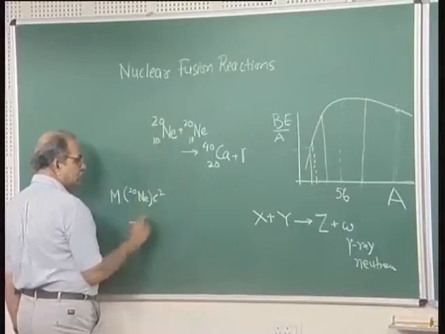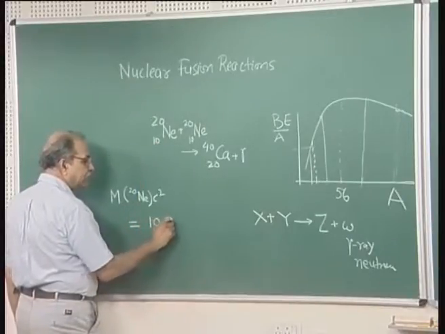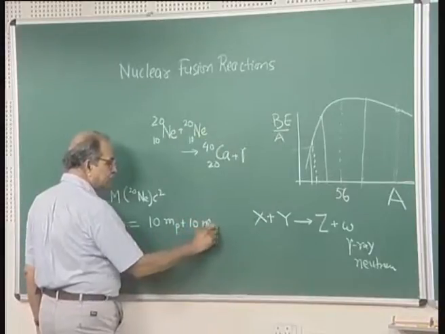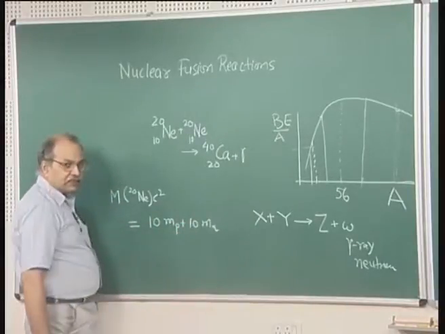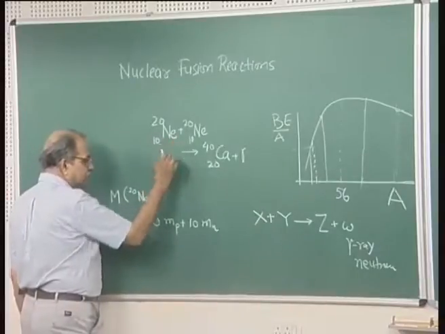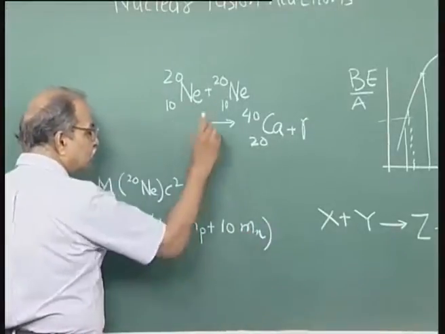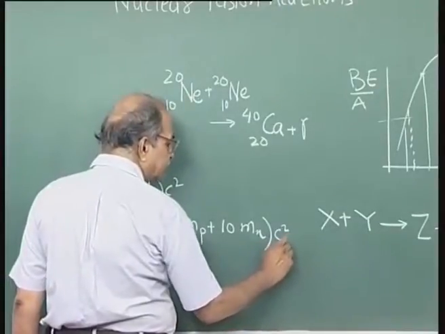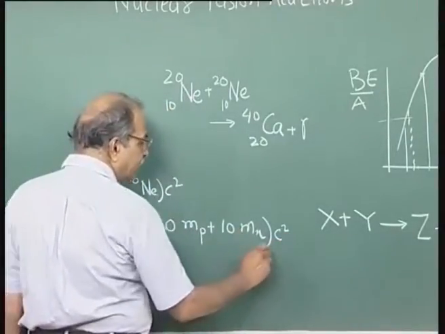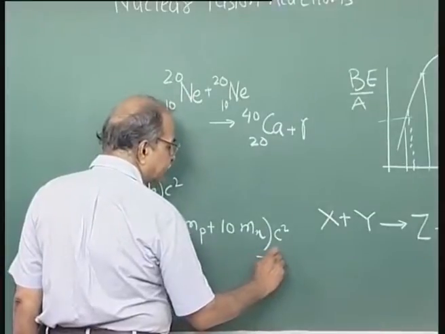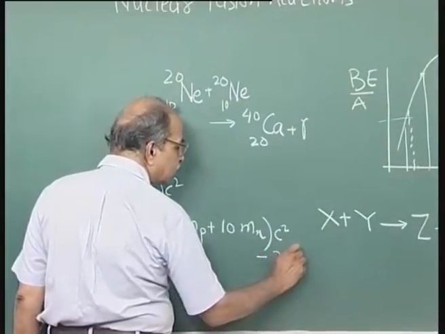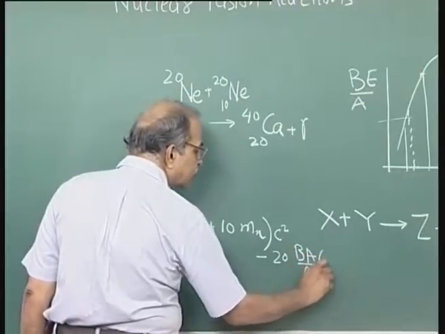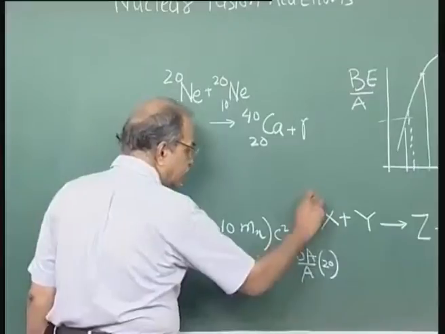You have 10 protons, so 10 Mp plus 10 Mn, this is proton mass and neutron mass. So, these are the masses of these nucleons separately times c squared, and minus binding energy. How much is that? Minus binding energy is minus 20 times B/A at 20. Understand the symbols?